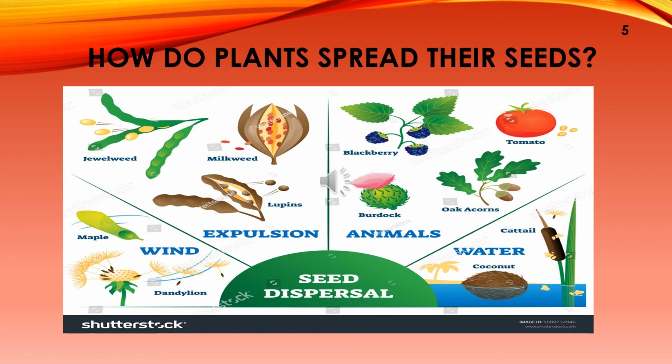Okay, so remember this. When you see this picture, you have to remember how plants spread their seed. There are 4 ways that plants use to spread their seed: by wind, by expulsion, by animals, and by water.